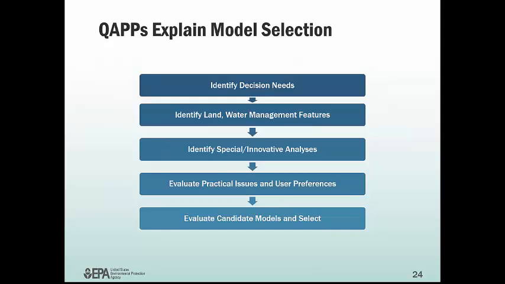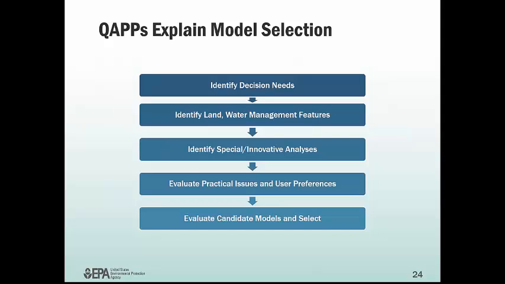So if you haven't gotten the gist by now that I really love QAPPs, I'm going to tell you a couple great things about QAPPs. One thing is that they document the process by which the team collectively evaluates and selects an appropriate model for that project. It explains the reasoning of why one model was selected as opposed to another.